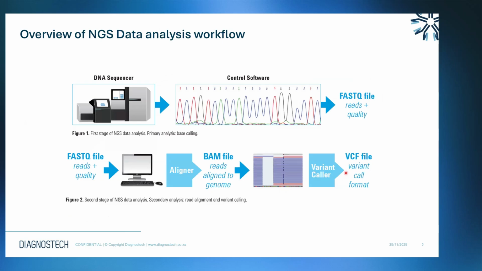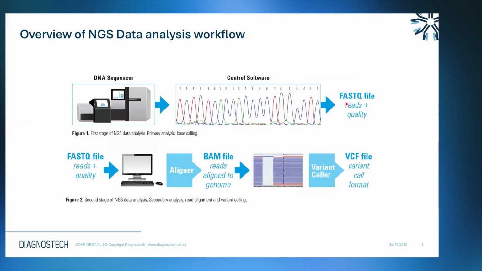So if we take a very high-level look at an NGS workflow for data analysis and what comes after the sequencer has actually run. We have our sequencer that has produced a signal to read the nucleotides of the libraries. This signal needs to be converted into FASTQ files, which are file types that can be read by downstream software. The data coming off the sequencer is raw data and can't be interpreted without converting into FASTQ files.